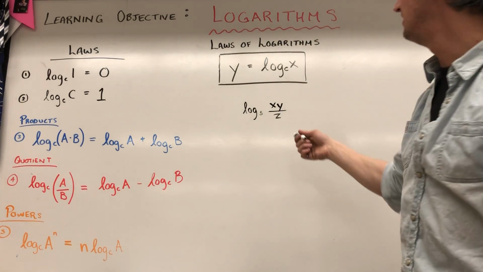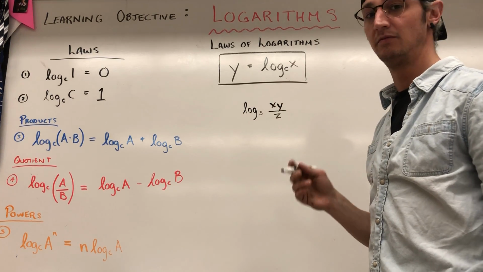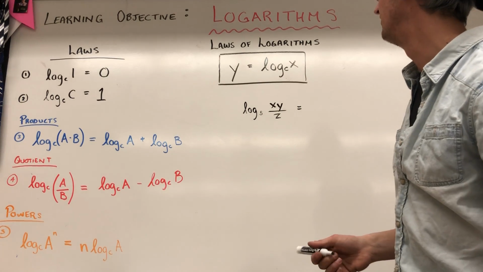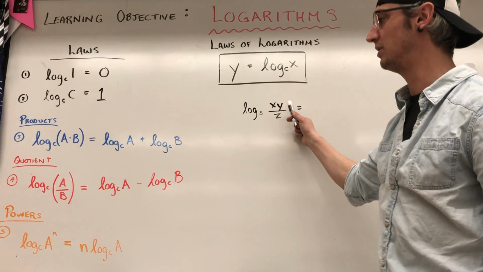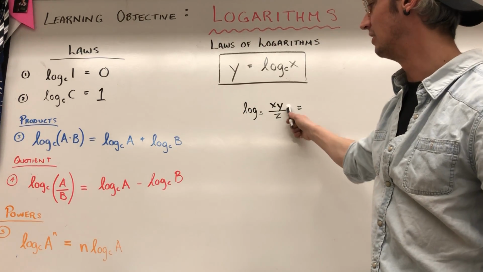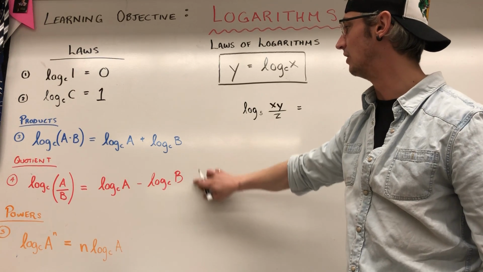Okay? And they said, we want this expressed as individual logs of x, y, and z. So how would you do that? Well, first we have to figure out which laws we're going to have to use here. We have two numbers being multiplied together, so we've got products, but then we also have a division here. And we don't have any power, so we're probably going to be playing with these two here.